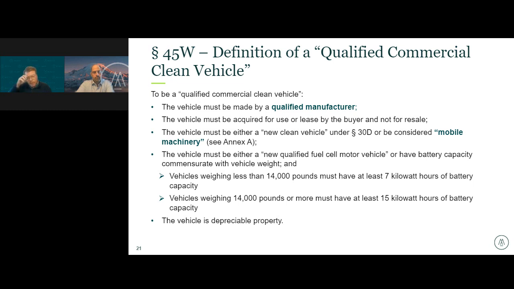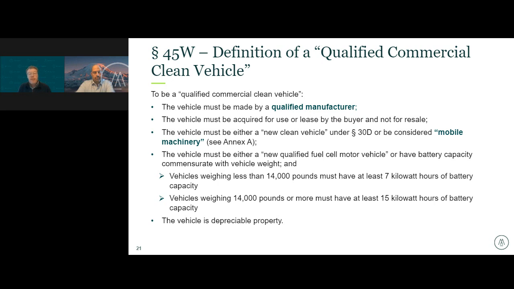We've worked with a number of clients that are essentially creating clean off-road vehicles. There's a lot of investment, interestingly enough, in clean lawnmowers that will be able to be qualified for the mobile machinery under 45W. It's a really interesting space right now.